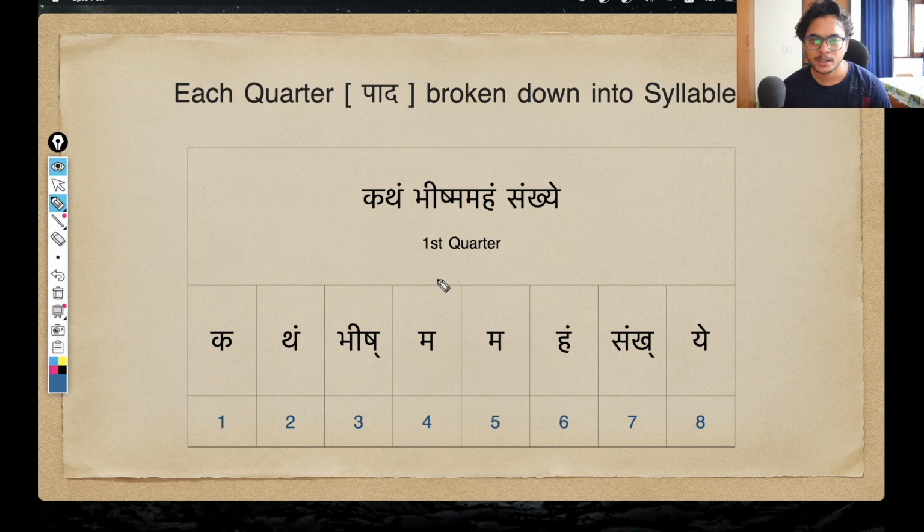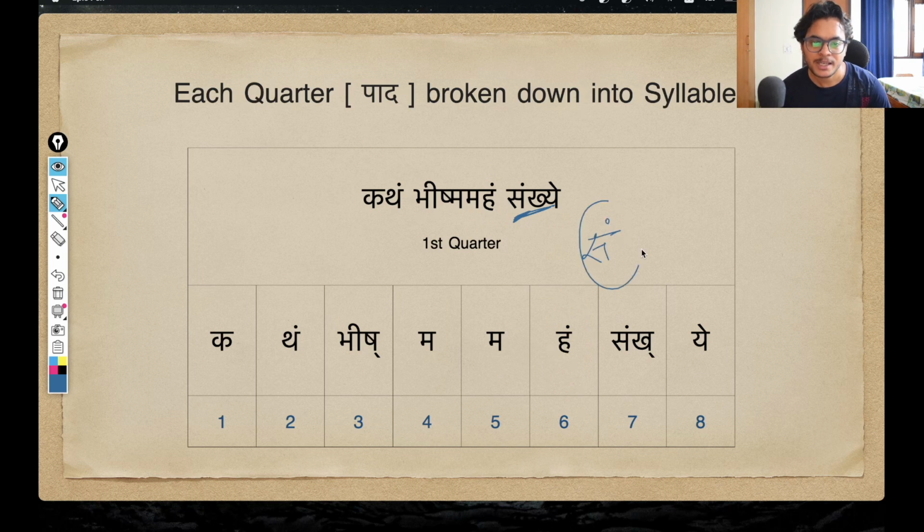If we move on, then you have this Ma. Ma is also ending with a vowel, right? There is a vowel combined here. So this standalone entity becomes the fourth syllable. Then we move forward, another Ma. That is the fifth syllable. Then this Hum, this entire entity with an Anuswara becomes our sixth syllable. Now we move forward, Samkhya. Now you see, Sam.